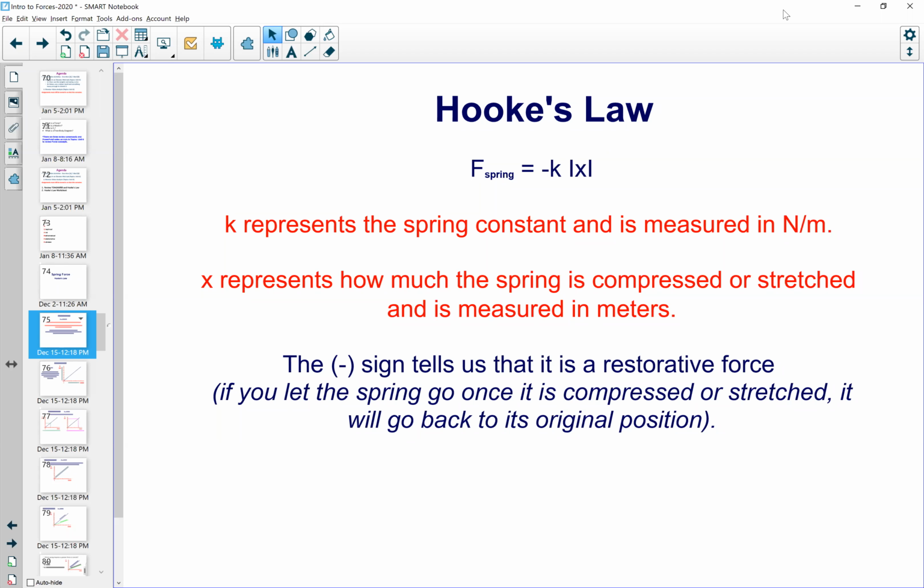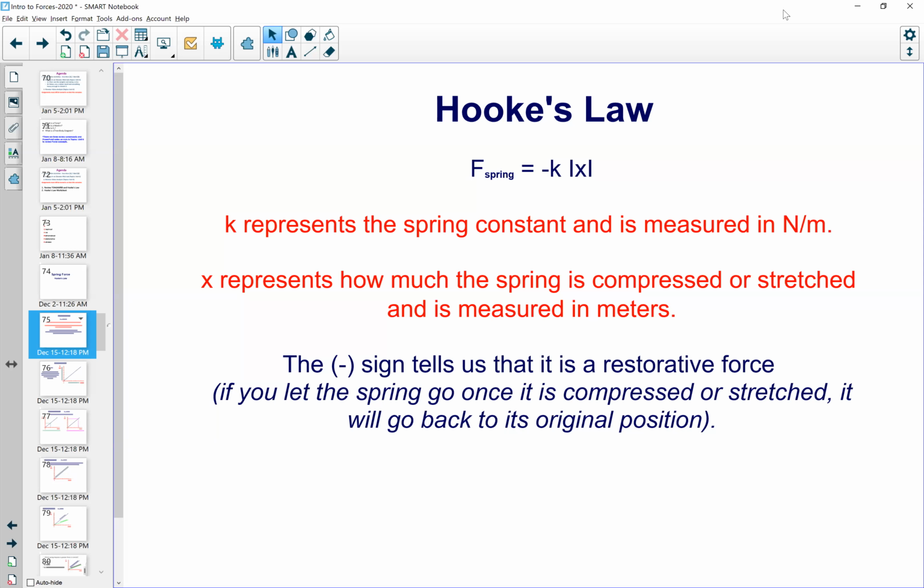All right, now the negative sign is not even there in some books, and I don't think it's there on the AP formula list, but it's really just a reminder to say all springs exert a restorative force. If you stretch the spring out, it's going to pull back to try to restore its original shape. If you compress a spring in, it's going to push out to try to restore its original shape.